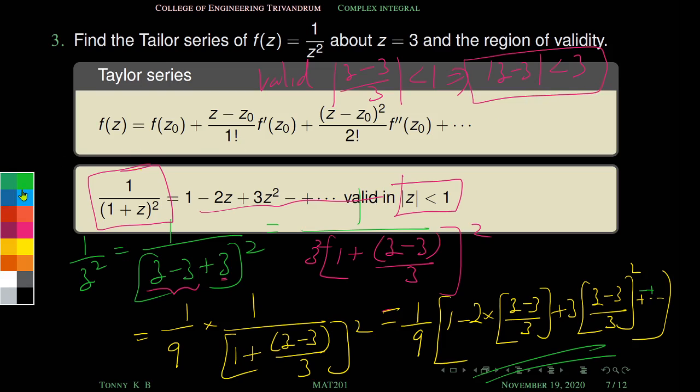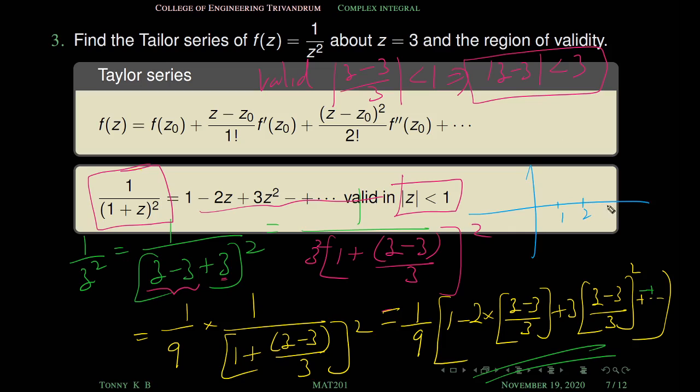What about its geometry? We know that this is 1, 2, 3. We have to find the Taylor series expansion about z equal to 3. What is our function? Our function is 1 by z square. This function is not analytic at this point.